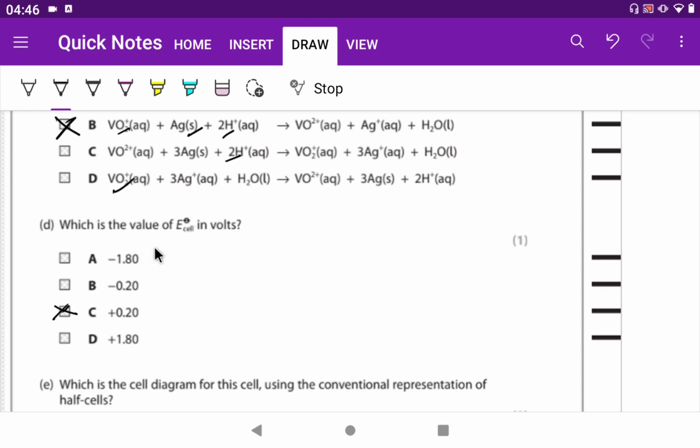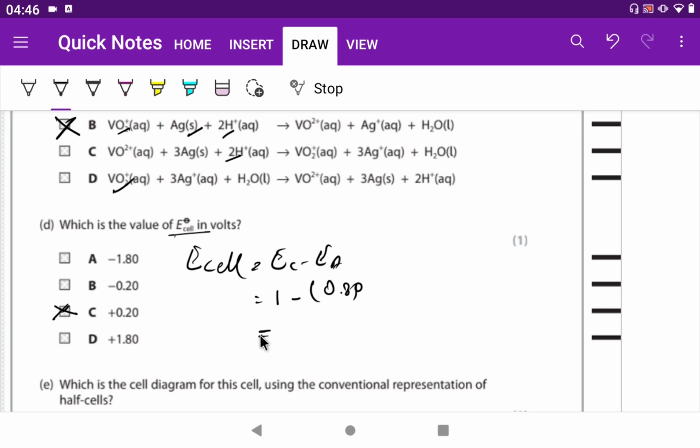Now we already solved this: which is the value of E cell in volts? E cell is calculated as E cathode minus E anode. At cathode the value is 1, at anode the value is 0.8.